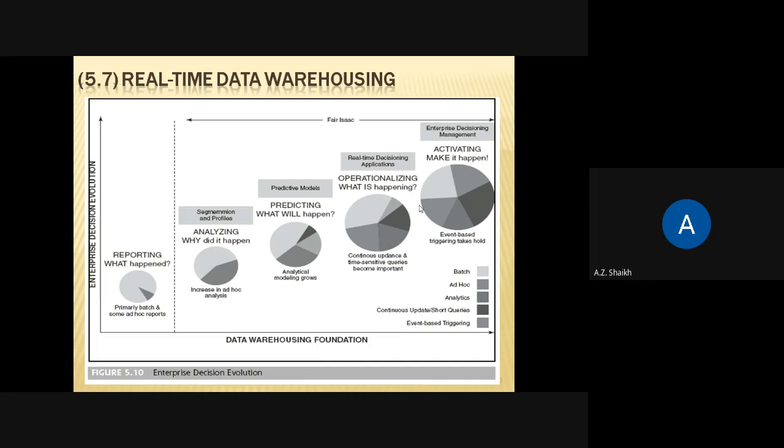This is the predictive models they are given. By analyzing the data, you are able to predict the future scenario of your business. Then operational analyzing and activity making. These are the different examples they are given here.